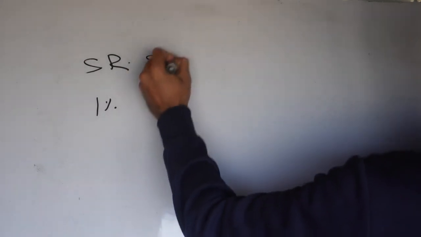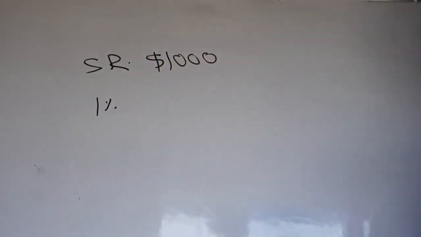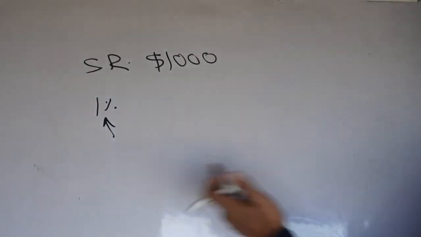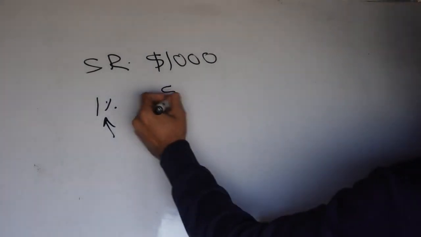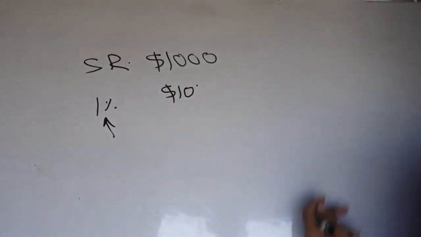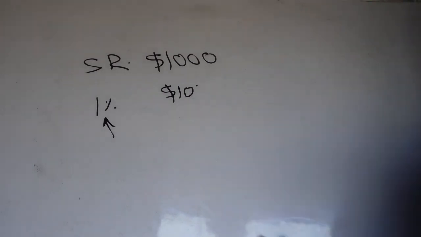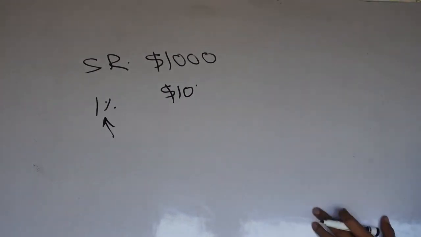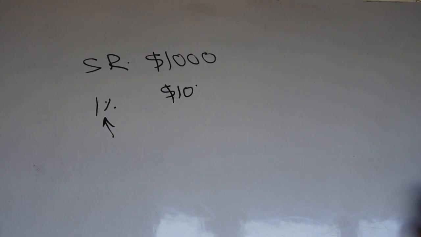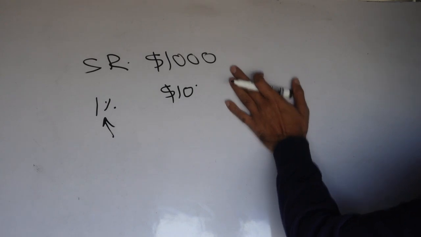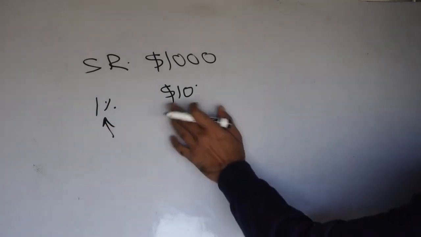Let's say you have a $1,000 account and you want to risk 1%. What's 1% of $1,000? That's around $10. So you're going to risk $10 in the anticipation that a trade goes your way. Very basic stuff, nothing complicated, nothing really advanced at this point. You've got $1,000, you're risking 1%, and your risk is going to be a total of $10.